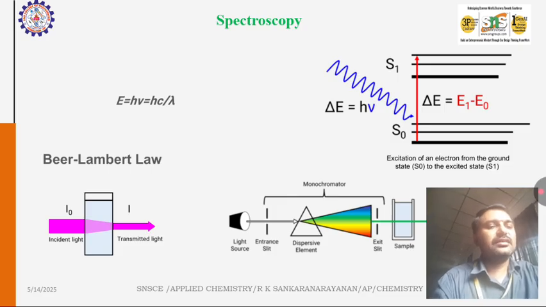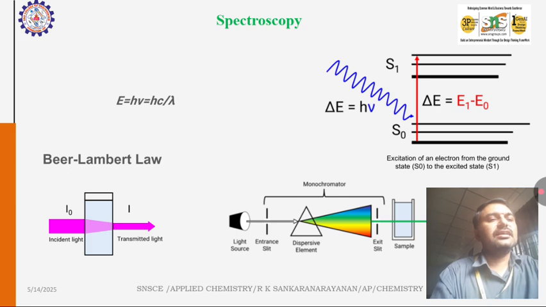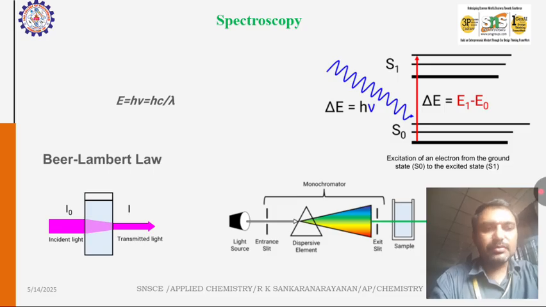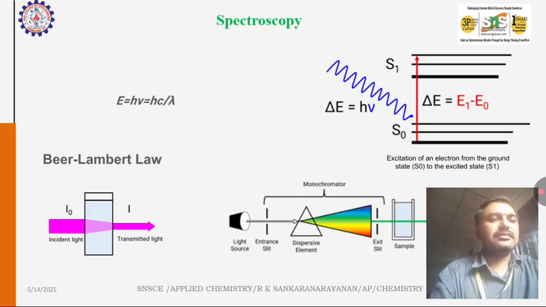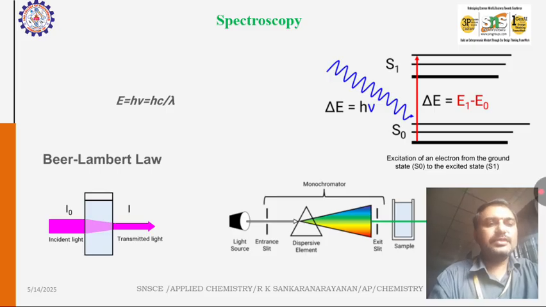The difference between both states is E1 minus E0. We give a light source to the ground state, it falls on the substance, gets excited and moves to the next energy level E1. Delta E is equal to h nu, which means the packet of energy. This is what happens in the UV spectrophotometer.